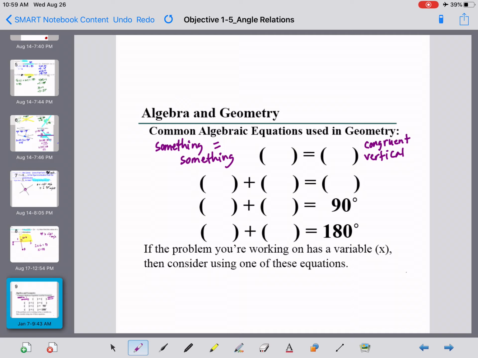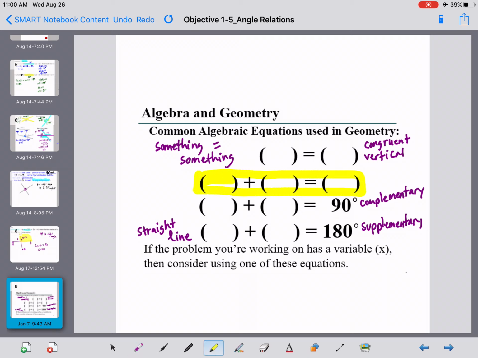or I'm going to skip down to the 90 and 180. Things are complementary. Things are supplementary. Or sometimes it might be on a straight line. All right? Now, this one right here, that's what we use when we had the two smaller segments equaled the whole segment.